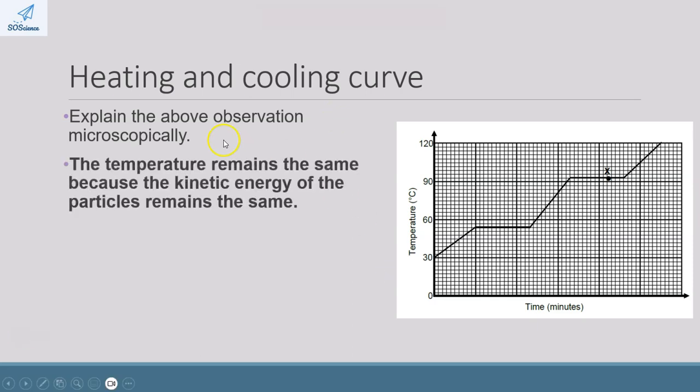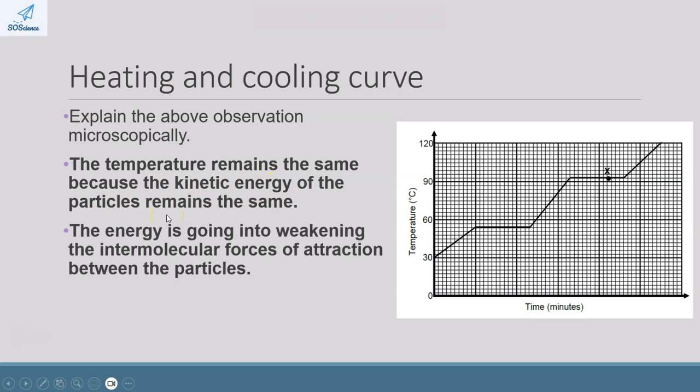The first statement that we're going to make is that the temperature remains the same, as we already said in the previous answer. And that means that the kinetic energy of the particles remains the same. So this is key over here. Secondly, we need to state that the energy is going into weakening.